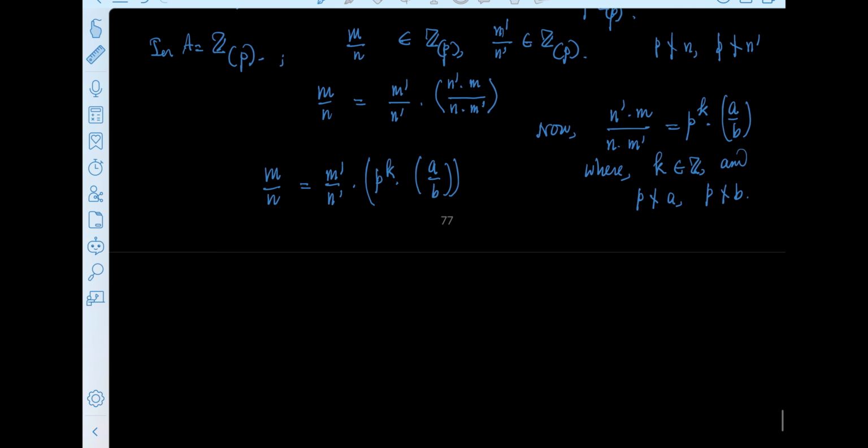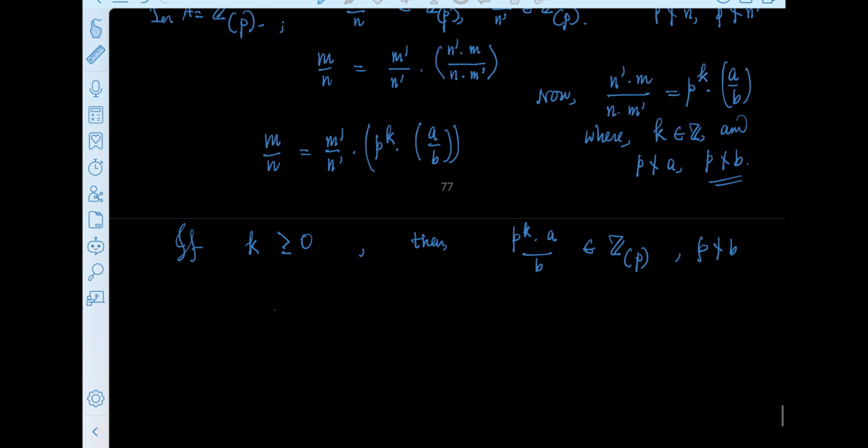So if k is greater than or equal to 0, then p to the power k times a divided by b is inside Zp. Right? Why? Because p does not divide b. So in this case, if k is positive, m prime divided by n prime divides m by n in Zp.